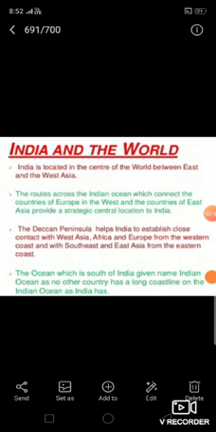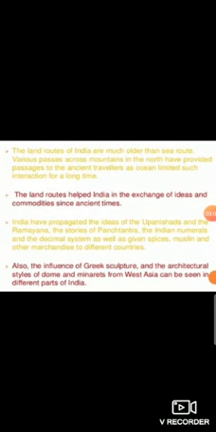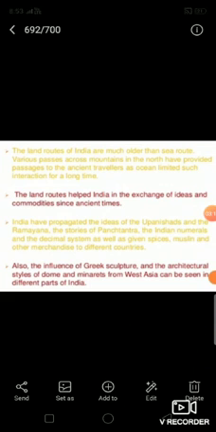Thus, it tells us the importance of India in international trade and commerce even in olden times, as in old days trade and commerce were carried through oceans.